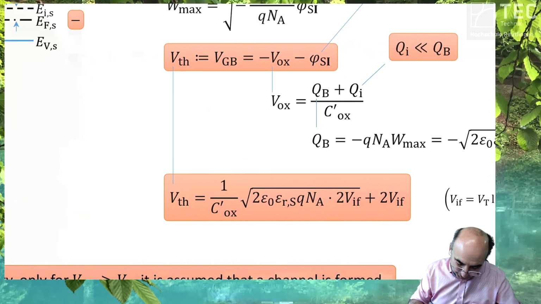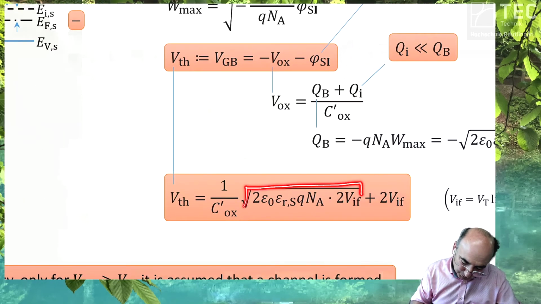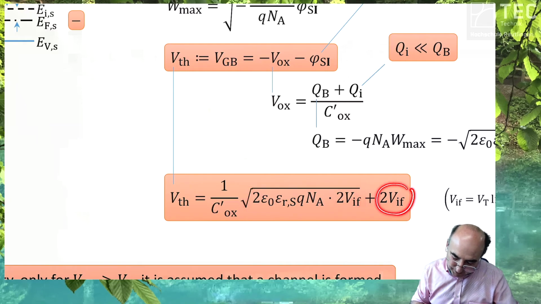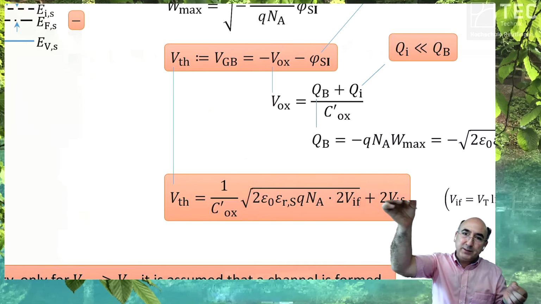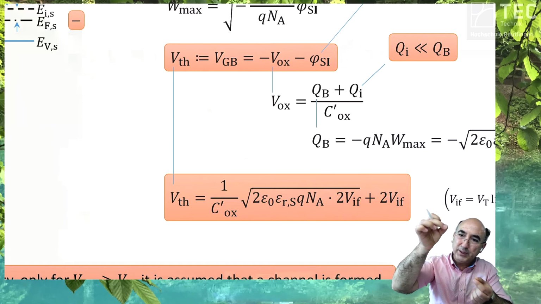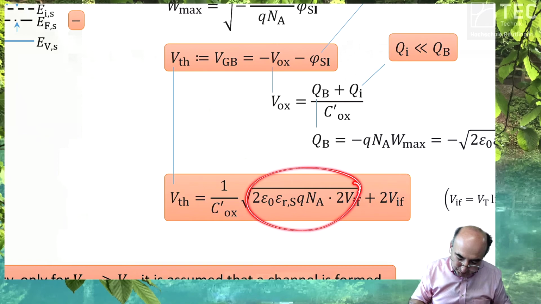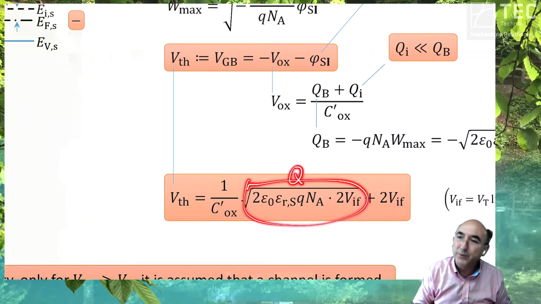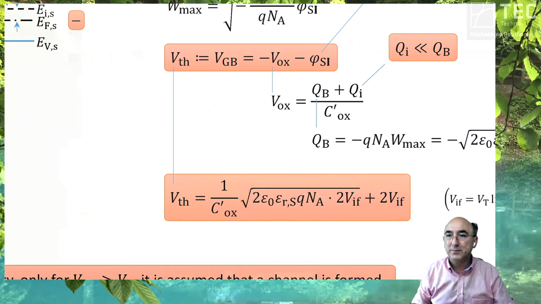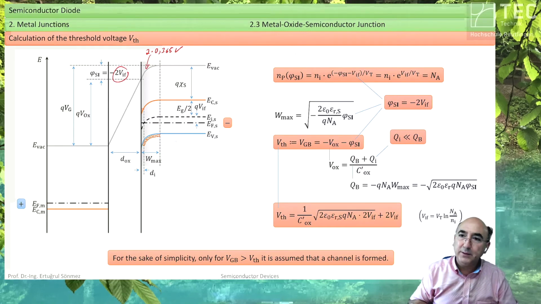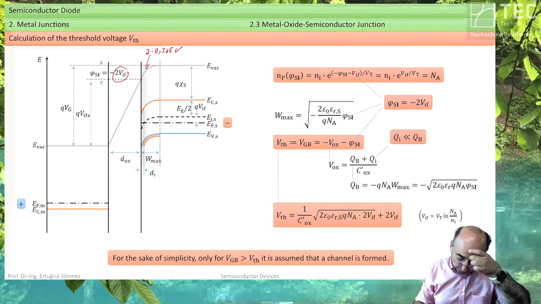And therefore, we have this square root of the same voltage. So we have the VIF because it's just a series connection of the surface potential and the oxide voltage. And the oxide voltage is a function of the Q. That's it. So now we learned how we can calculate the threshold voltage.